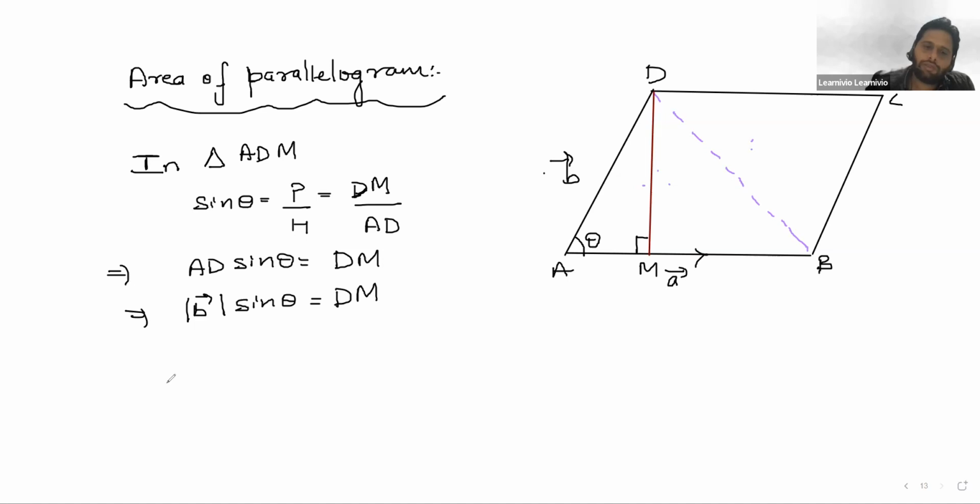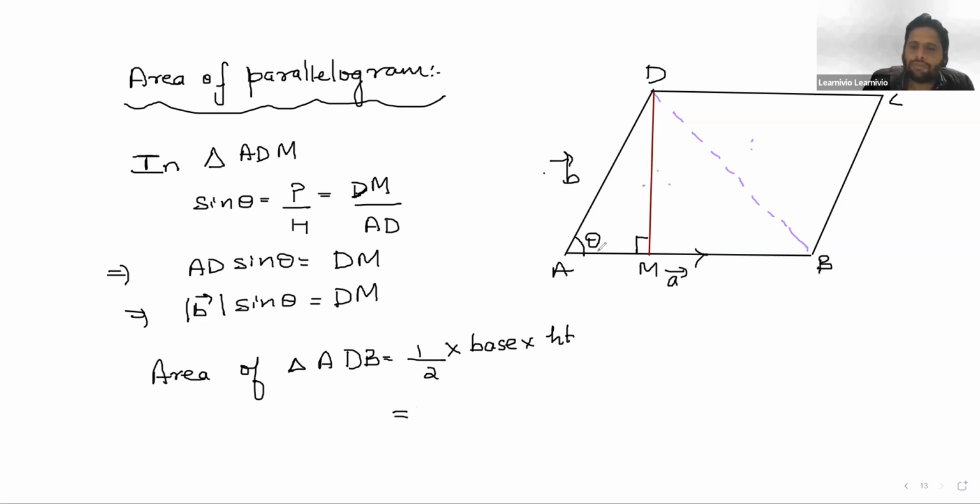Now, what is the area of triangle ADB? Half into base into height. Now, in this triangle ADM, what is the base? This one, AB is the base. So half into AB into height, DM. Now put all the values. Half into, what is AB? AB is magnitude of A. What is DM?